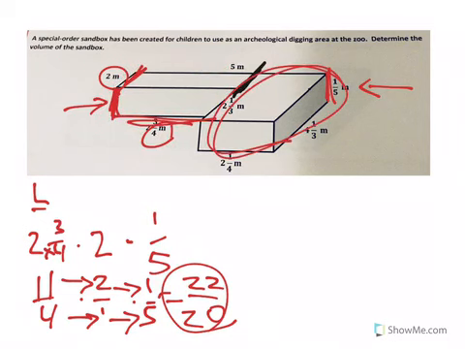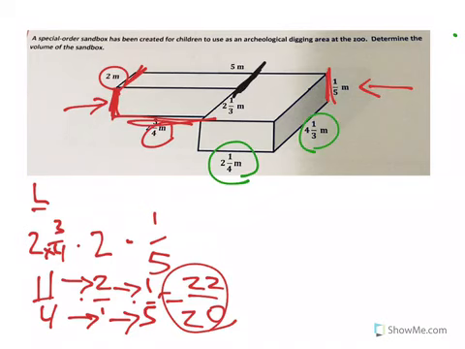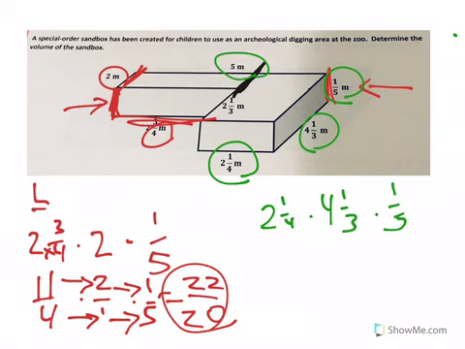Now, to find the rest of it, we've got to find this portion. We'll do this in green. We want to find our base, so we have our length times our width, and then we have our height here. So we're going to end up with 2 1/4 times 4 1/3 times 1/5. We don't end up using the 5.